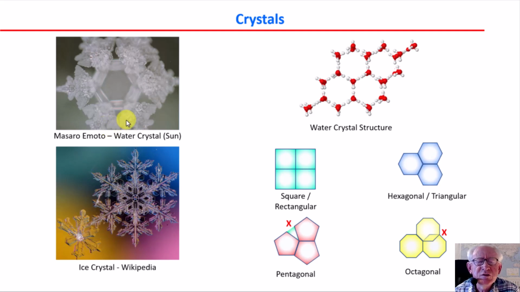Now, there was a lot of interesting work done by a Japanese scientist, Masaru Emoto. He imprinted water with various influences, both positive and negative. In other words, he imprinted thought patterns into water, positive thoughts of pleasant environments, and also negative thoughts. He then froze the water to reveal the ice structures that would emerge from the water that had been imprinted.